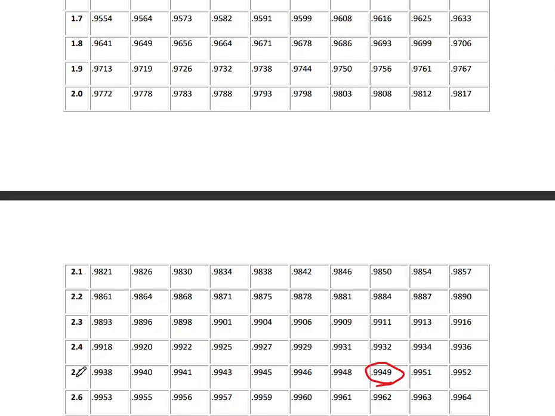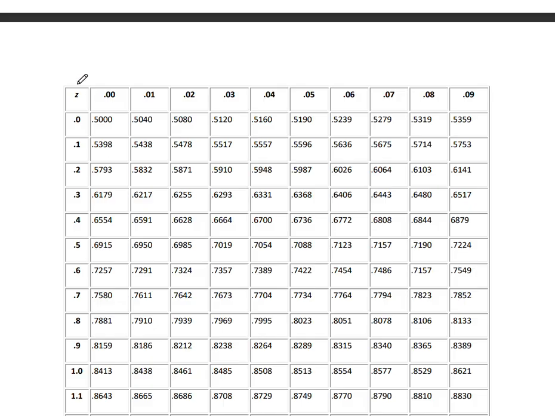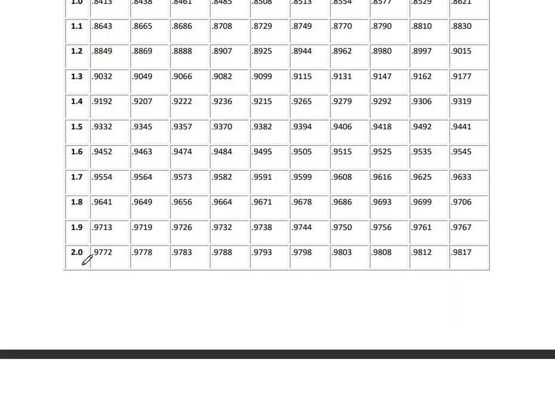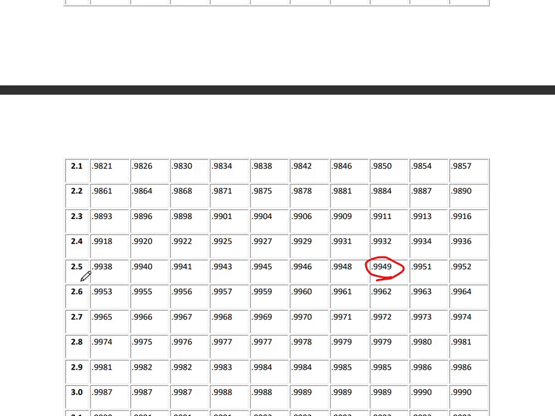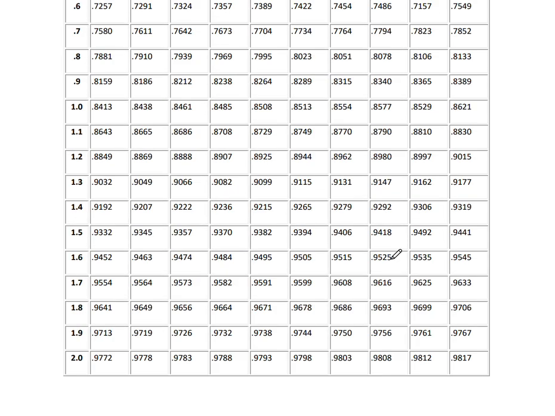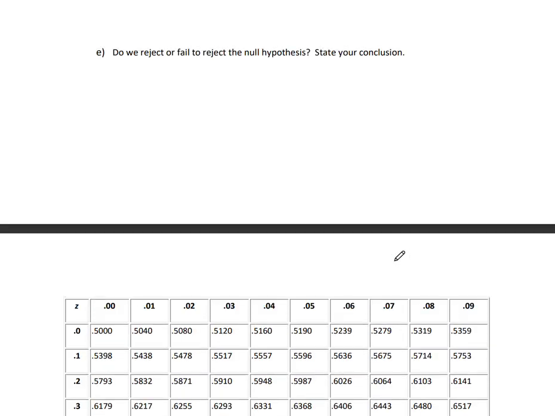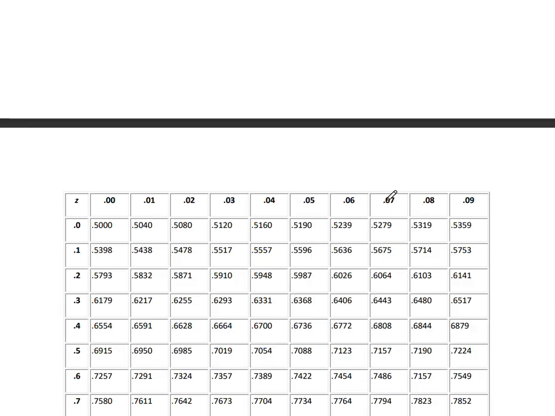The Z reading or critical reading that corresponds to 0.9949 would be 2.5. So we'll go down on the Z table until we reach the corresponding Z value for that probability, which is 2.5. And then we go up in that same column that the probability value is in to 0.07.